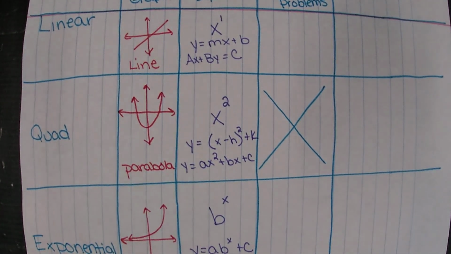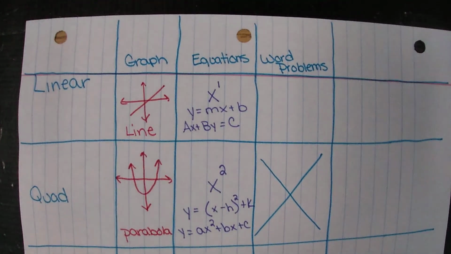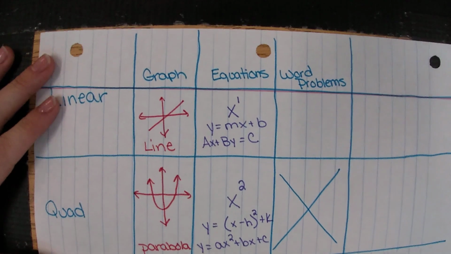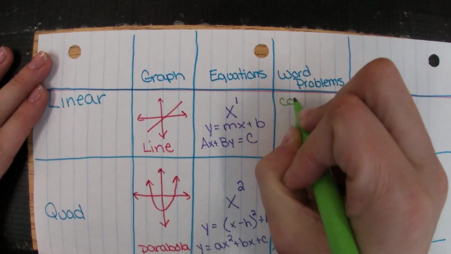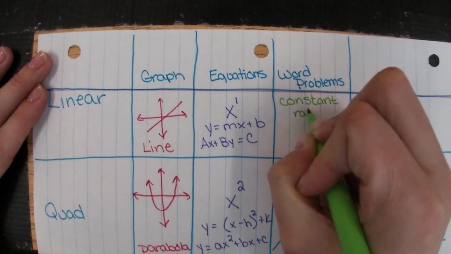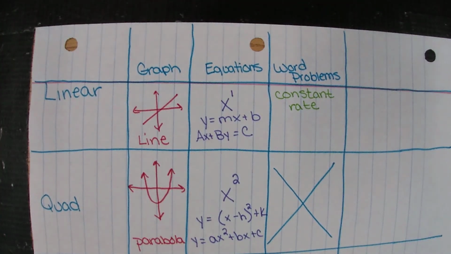But there were some words that we've definitely noticed when we are looking at linear and exponential. Okay, so linear functions have to have a constant rate. And we see this when we see that something is happening per item. It's $4 an hour, $4 per hour.